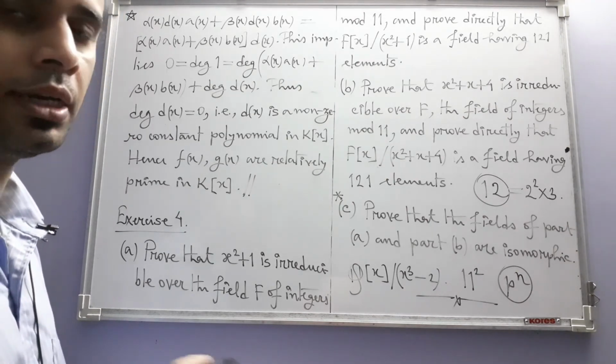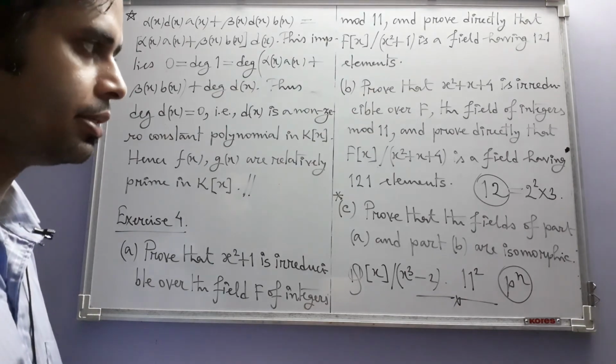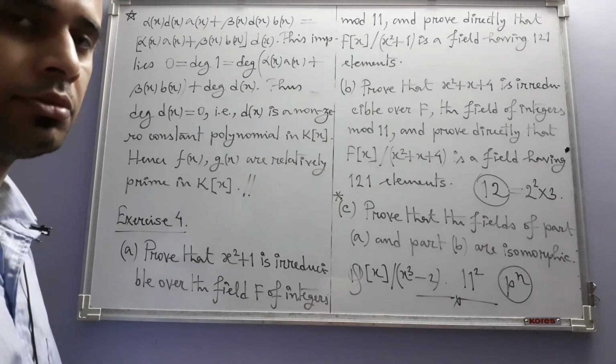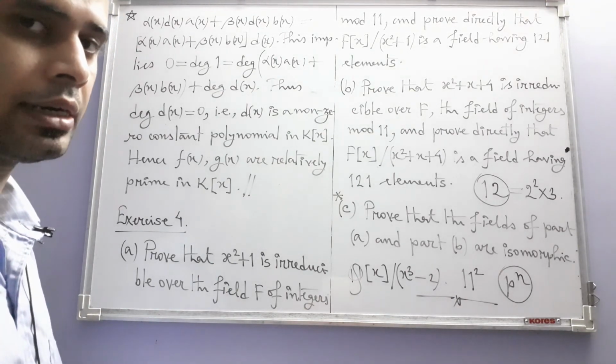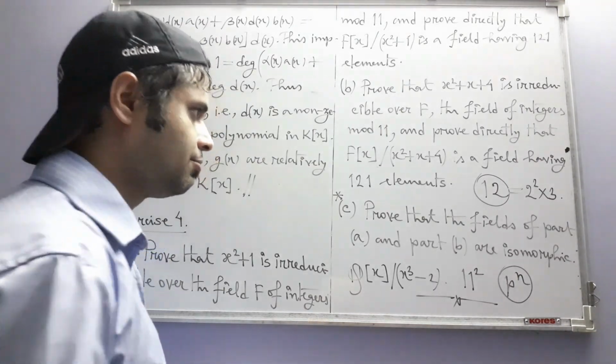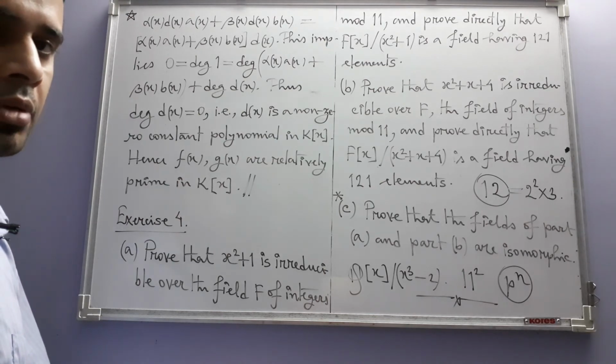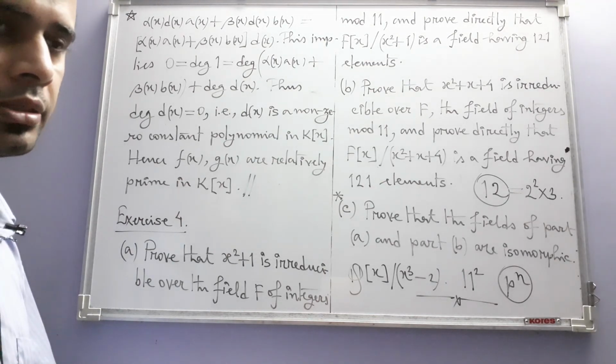Previously I was doing them alternately, but now we will do it simultaneously. I will let you know at what time we will have the videos. The other videos on analysis, calculus and Contemporary Abstract Algebra by Gallian will continue as usual.